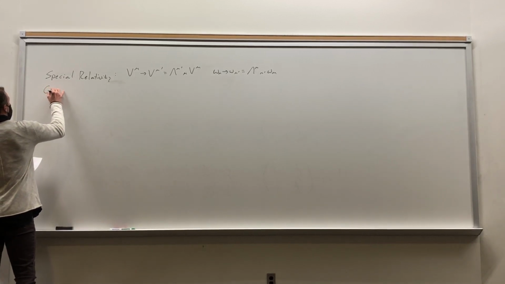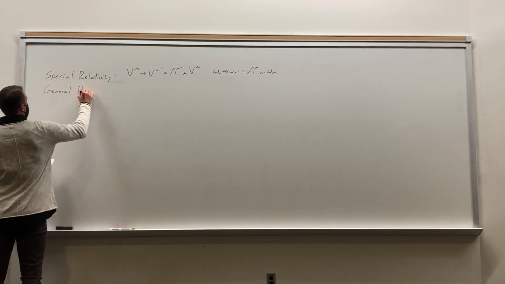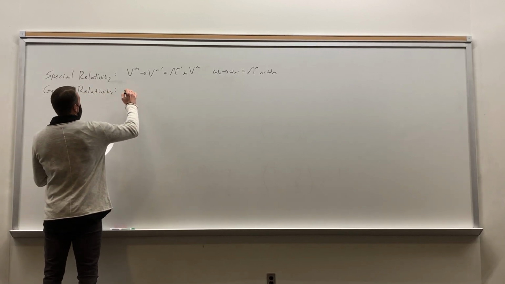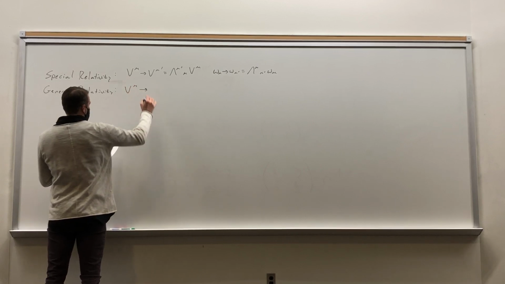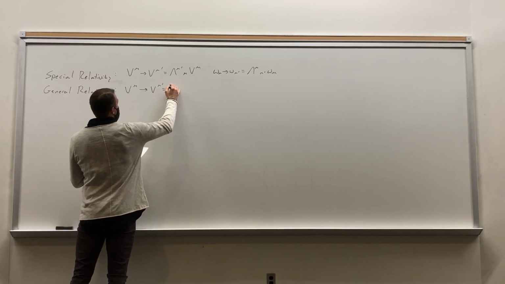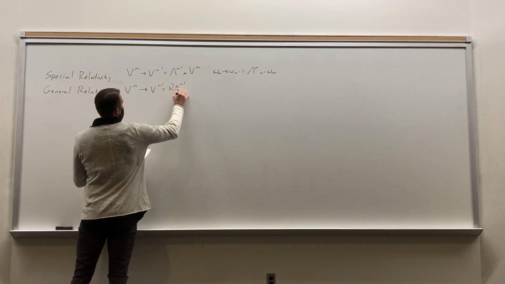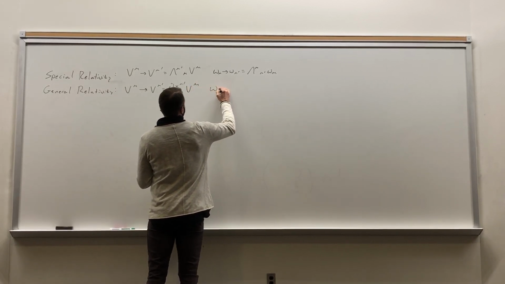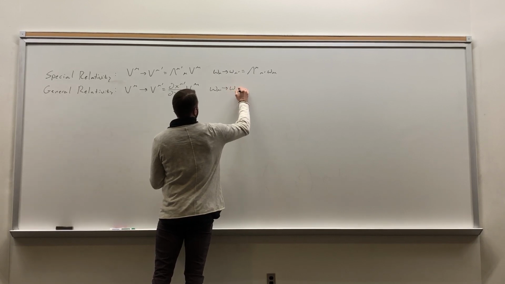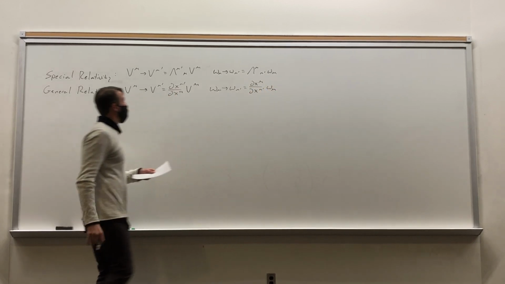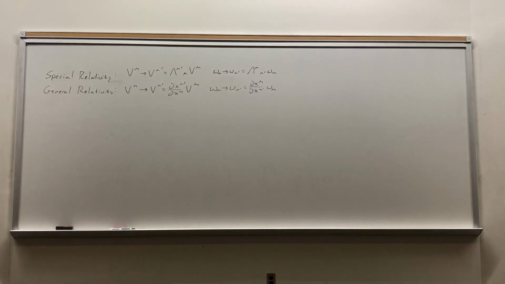In general relativity, hopefully by now you've at least kind of become comfortable with the idea that the transformation is now given by dx mu prime over dx mu times v mu, and for dual vector components we have dx mu over dx mu prime times omega mu. Okay?